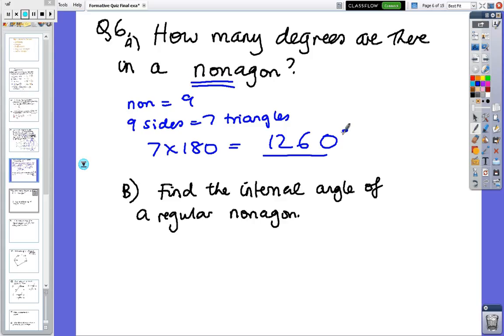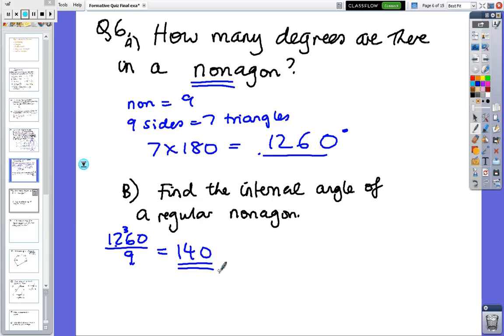Okay, now find the internal angle of a regular nonagon. Now there are 2 ways of doing it. So we've got 1260 from our answer from there, and there's 9 sides, so we can do it that way. So 9 into 12 goes once, 9 into 36 goes 4. So that's one way of doing it.